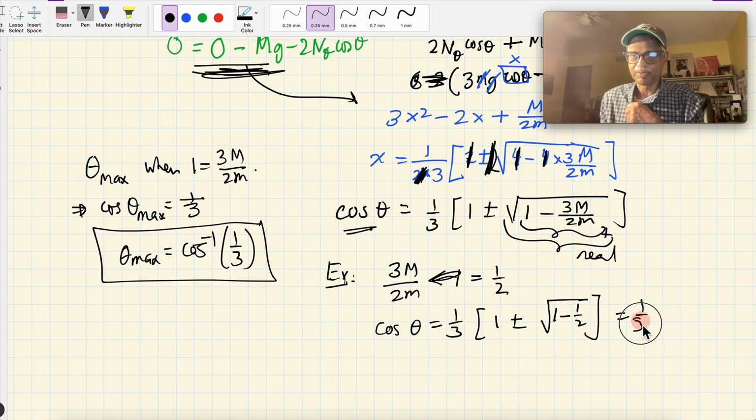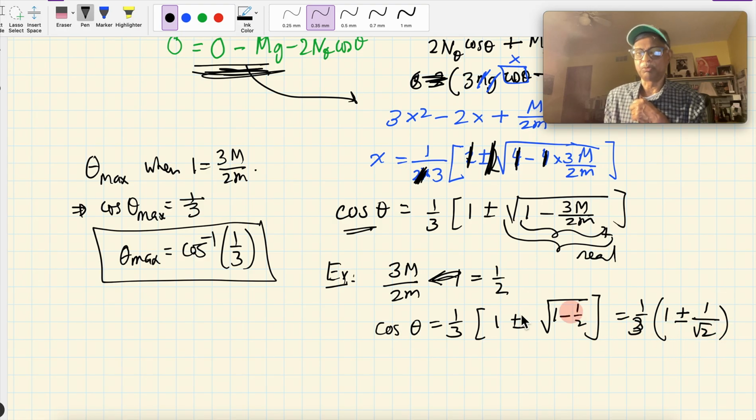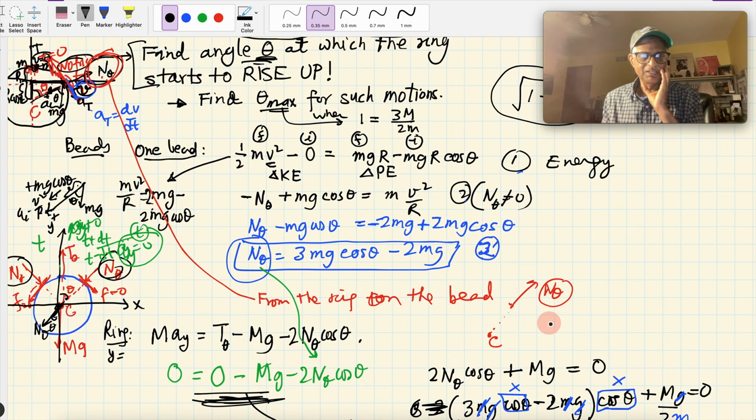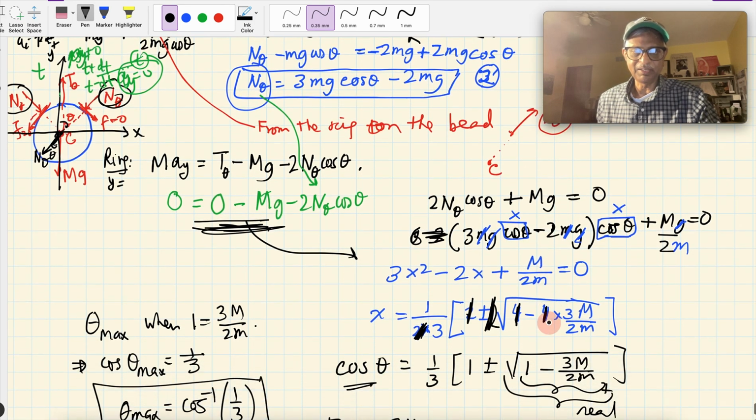So you are going to get two angles, 1 plus or minus 1 over square root of 2. And you just have to work out the answer for those two angles. So you are pretty well equipped with this relatively difficult problem where there is a critical angle or critical angles at which the ring will start to rise. Okay, I think that's probably it.